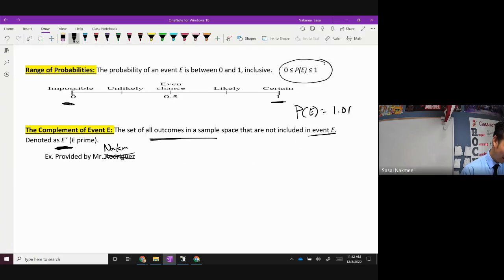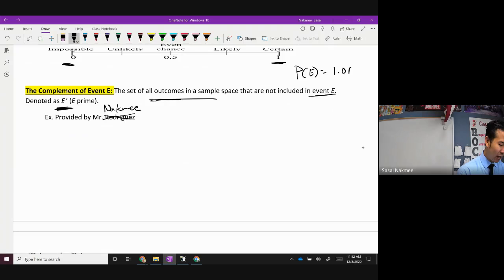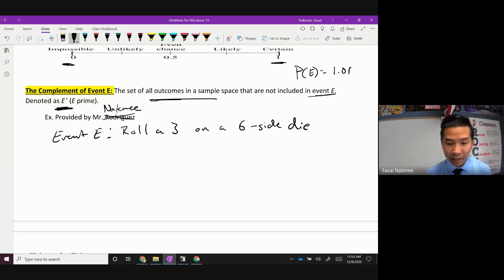So, for example, if event E is to roll a 3 on a 6-sided die, do you know what E prime is going to be then?